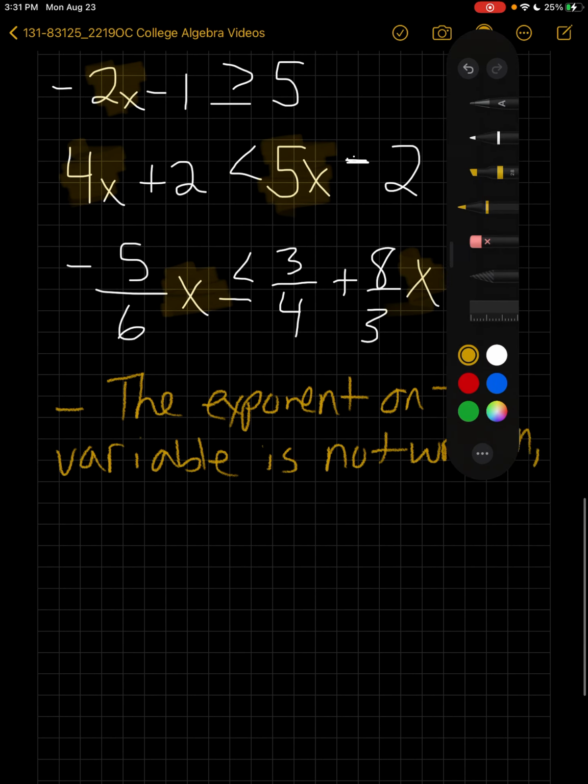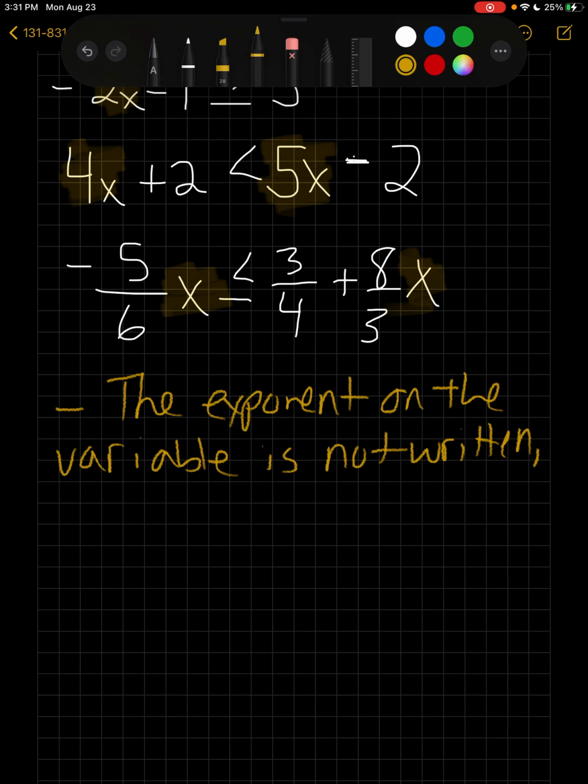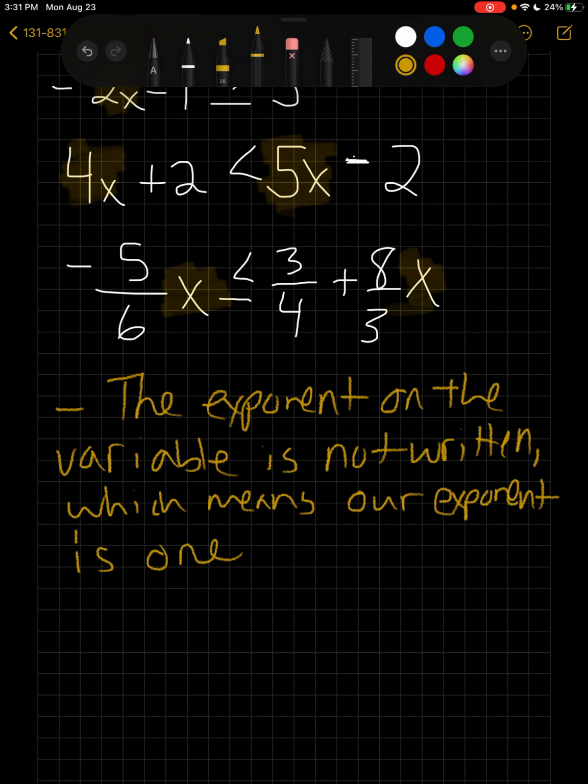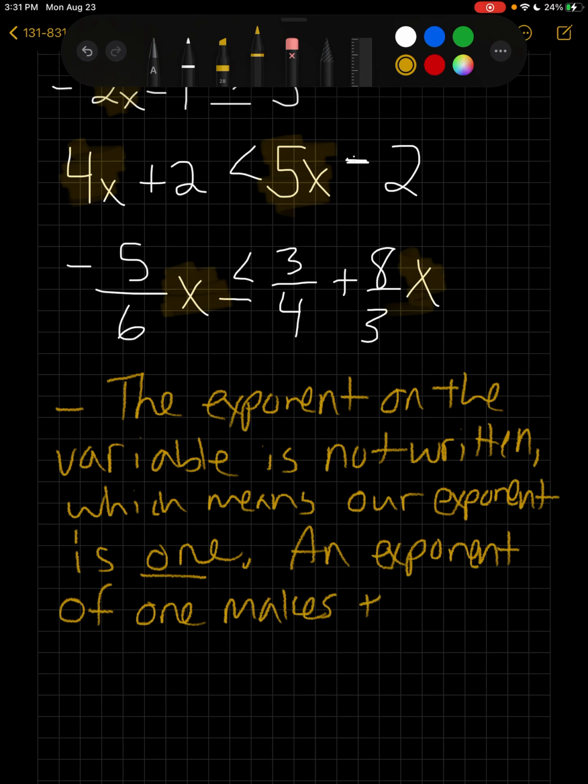And what does that mean? Which means our exponent is 1. An exponent of 1 makes these inequalities linear.